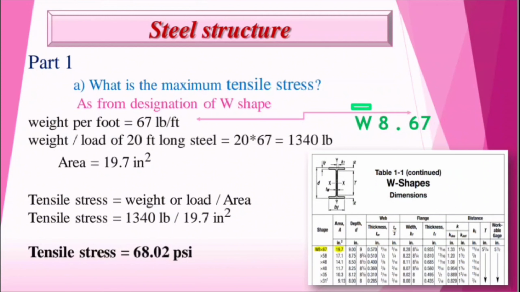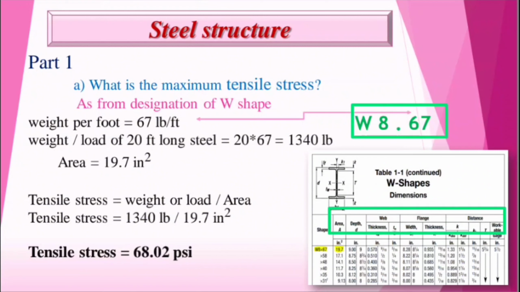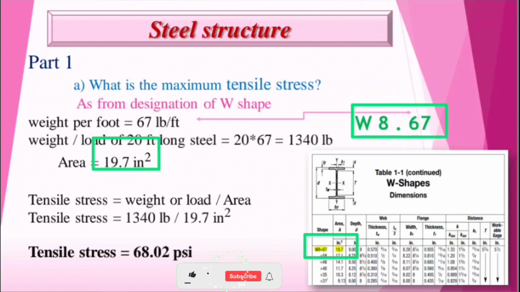In front of this designation we have the area, depth, web, flange thicknesses, etc. Here in the steel manual the W8x67 designation is given, and in front of it the area is 19.7. So we can find the area directly from the steel manual without any calculation.